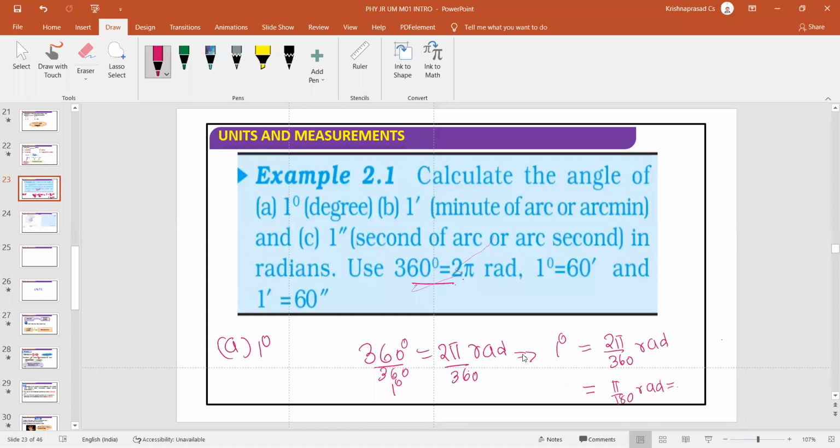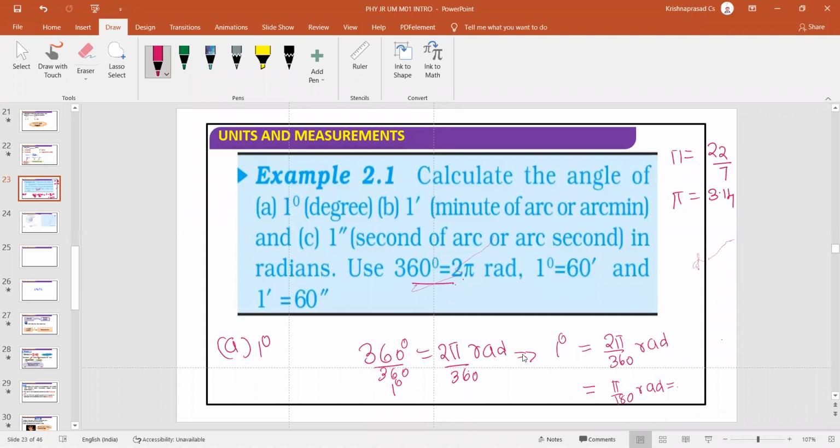And again, the same can be reduced by substituting the value of pi. The value of pi has two forms. One is in fractions and another one is in decimals. In terms of fraction, it is 22 by 7. The other value, I hope you already know, is 3.14.